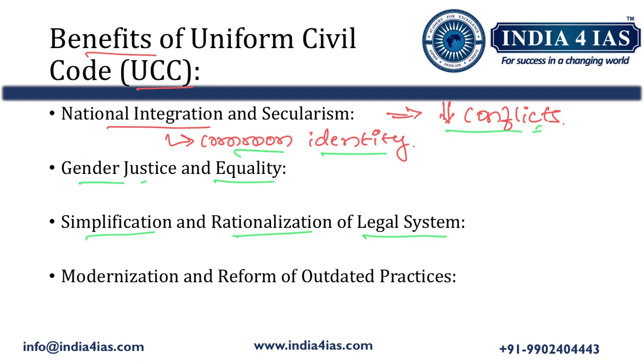It also modernizes and reforms outdated and regressive practices prevalent in some personal laws. It upholds human rights by eliminating practices which violate human rights and constitutional values such as triple talaq, polygamy, child marriage, and many other social issues.